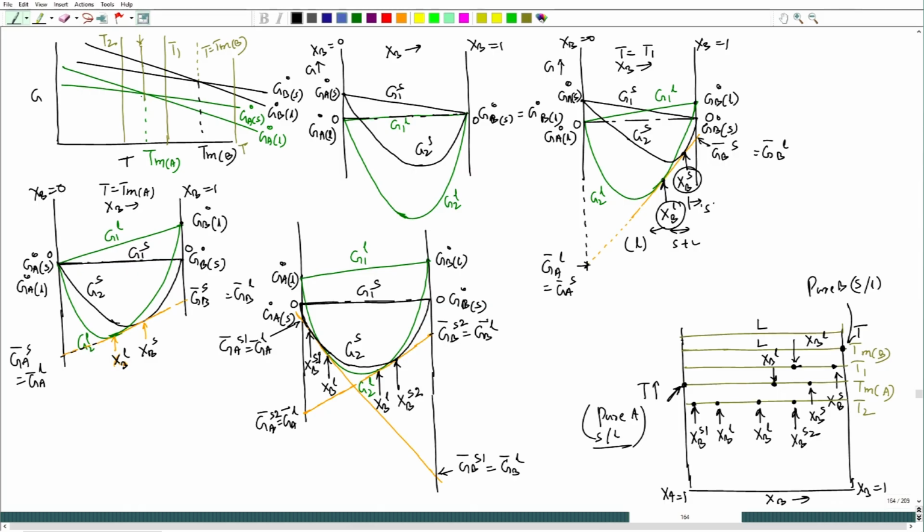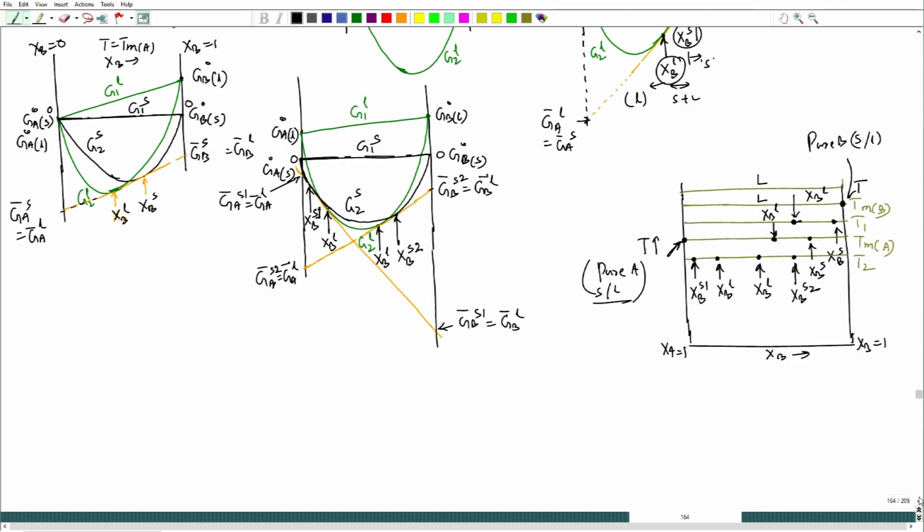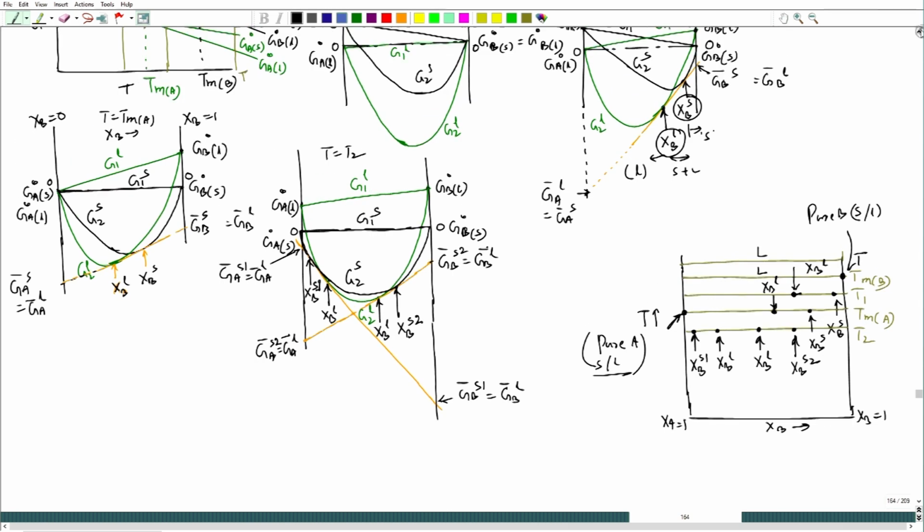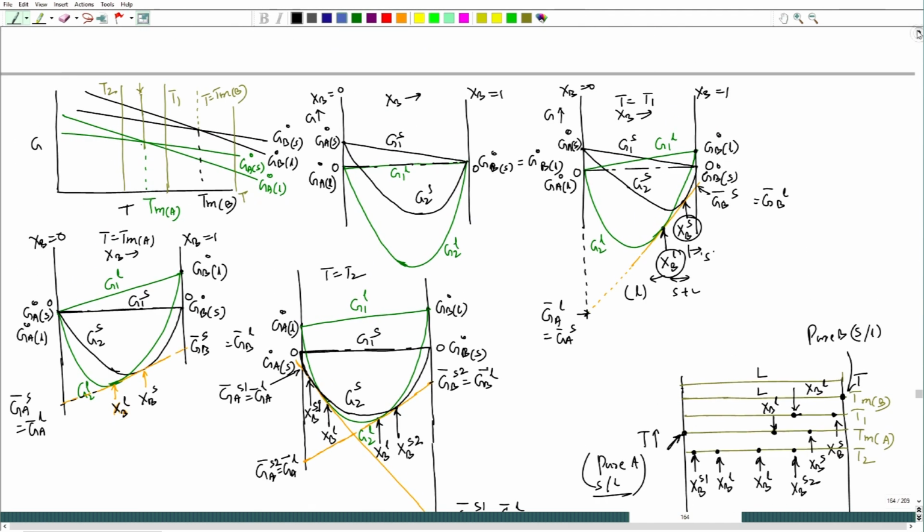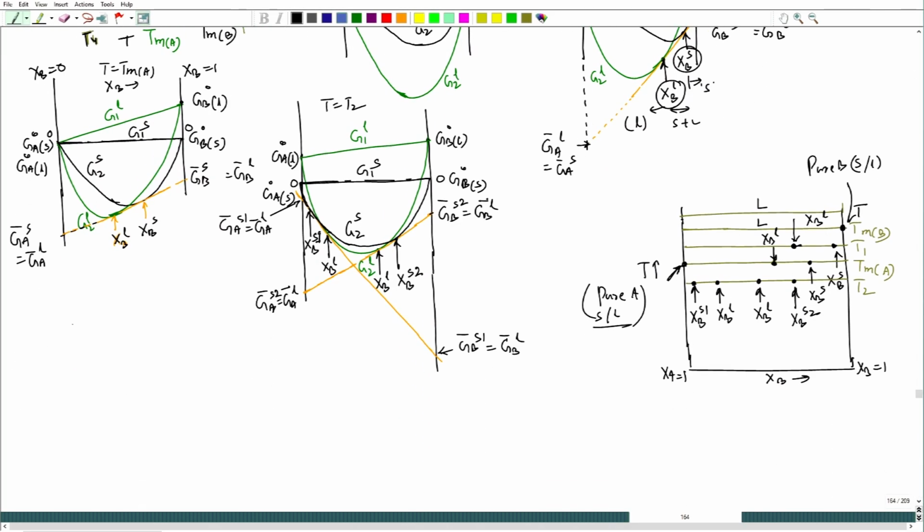Now, if I go down further, let me draw it here. This is T equal to T2 and I am going down further on the temperature scale. Let us say I am putting a temperature here, T equal to T4. This one was T2. At T4, we can have a situation like this.